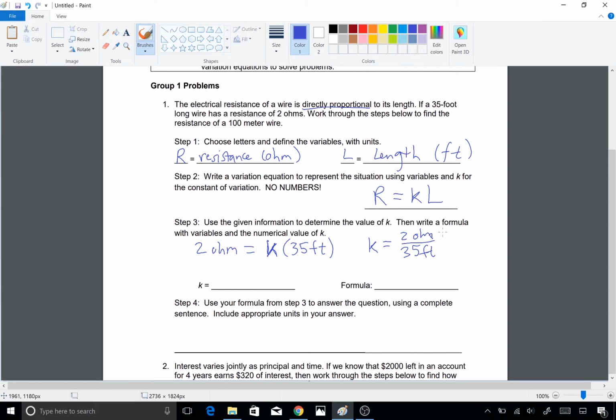And you can put that into decimals, 0.057 ohms per foot. That's what ohm over foot means. And so our formula then will be R equals 0.057 L.